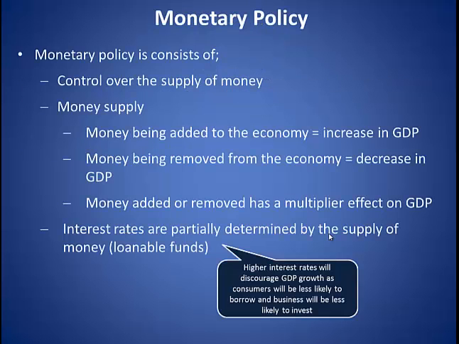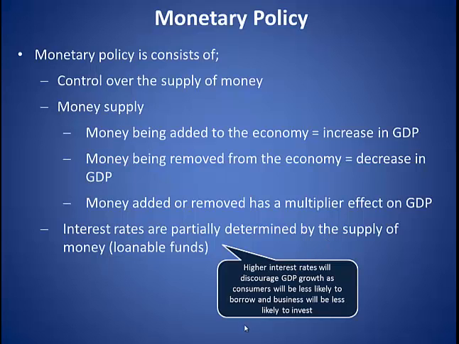So with that, let's talk about monetary policy. When we say monetary, we're talking about the supply of money. So monetary policy consists of the control over the supply of money. And when you think about it, it's pretty logical.